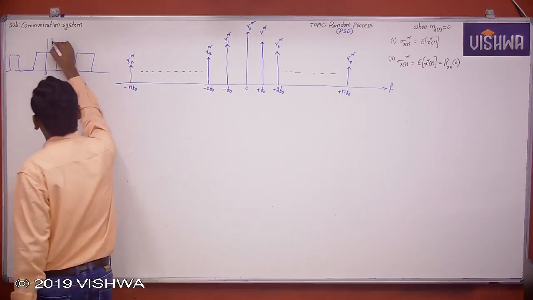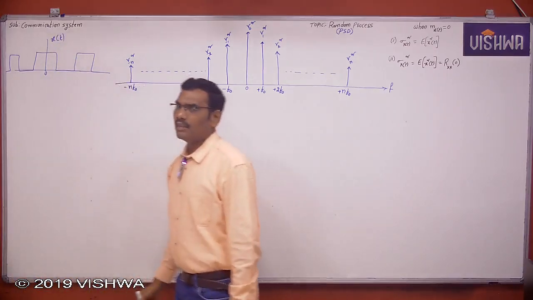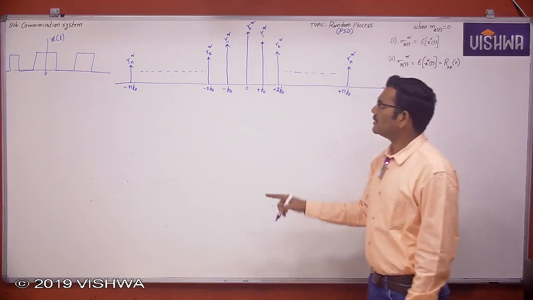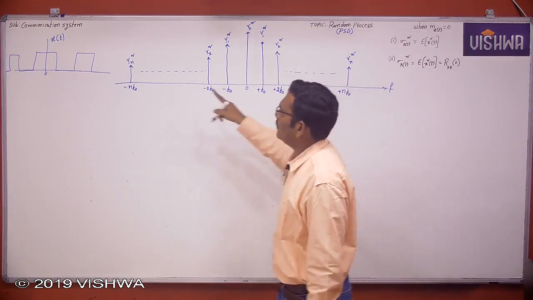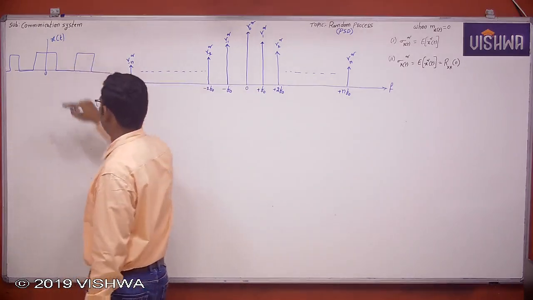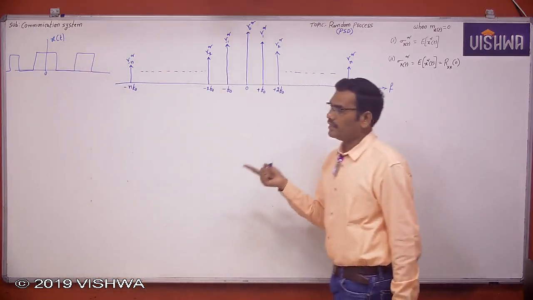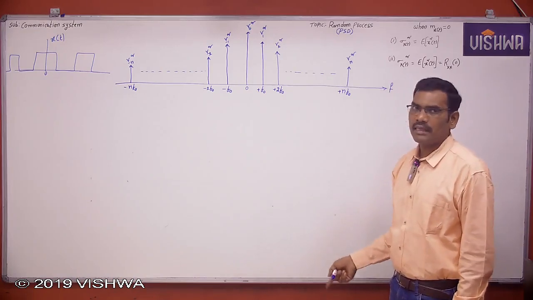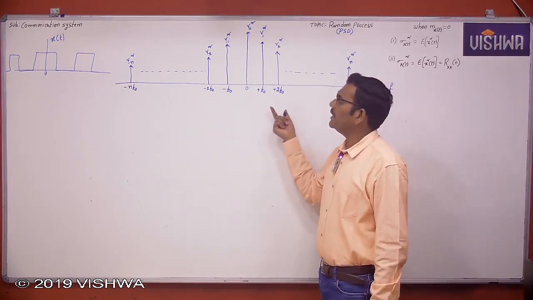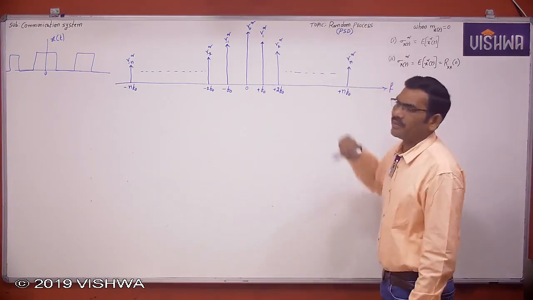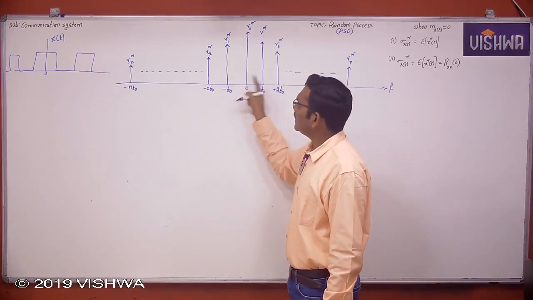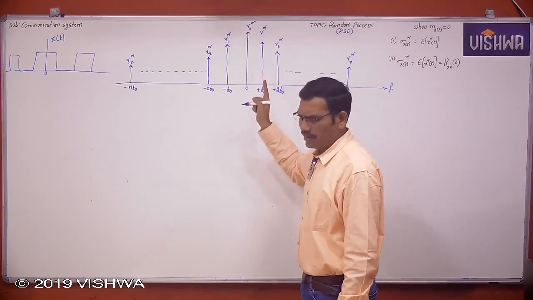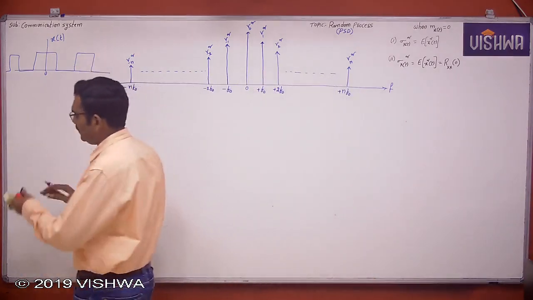I don't go into the Fourier transform of the rectangular pulses and all these things. I just take one simple example to study the operation of power spectral density. This is the two-sided power spectrum, which is a Fourier transform of a train of rectangular pulses.